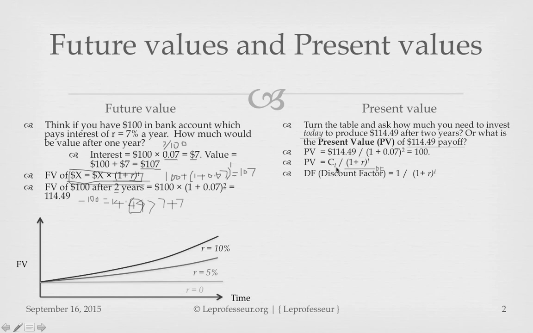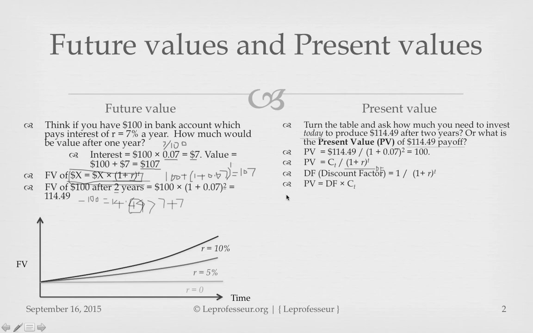So we can represent this factor 1 over 1 plus r to the power t as the discount factor. It means you have discounted that much from the money you have right now to invest, so that you get 114.49 after 2 years.